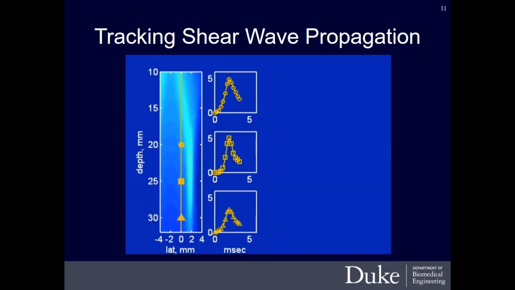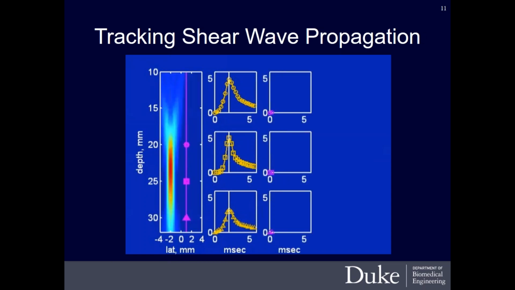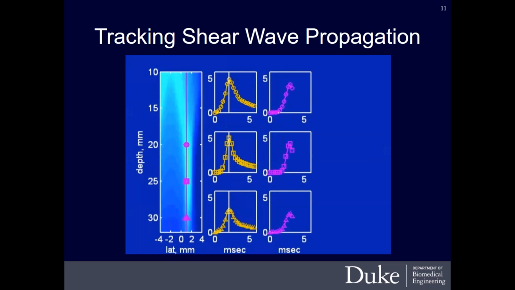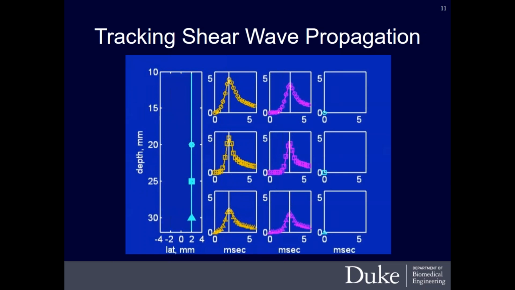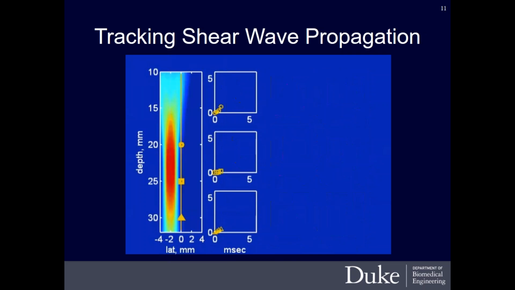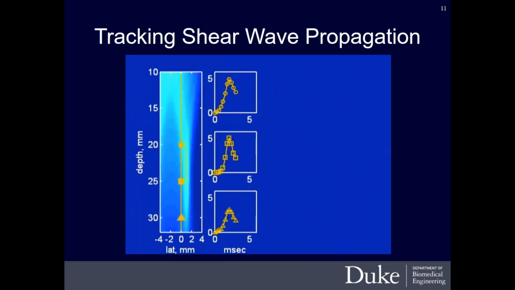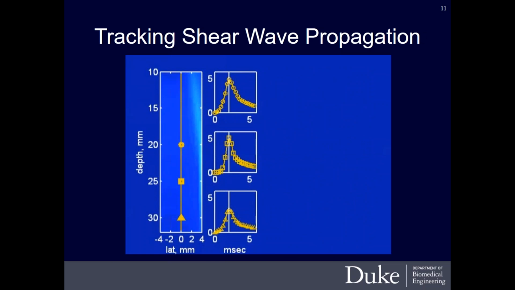This is showing again that we could look at these arrival times at different spatial locations at a multitude of depths. In this case, we're applying the radiation force at a lateral position of -2 millimeters in this animation, and we track at different spatially offset beams from that and look at 3 different depths. At the different depths we can characterize the arrival time, and as we move farther and farther away from that excitation, the arrival time, as we expect, occurs later and later.